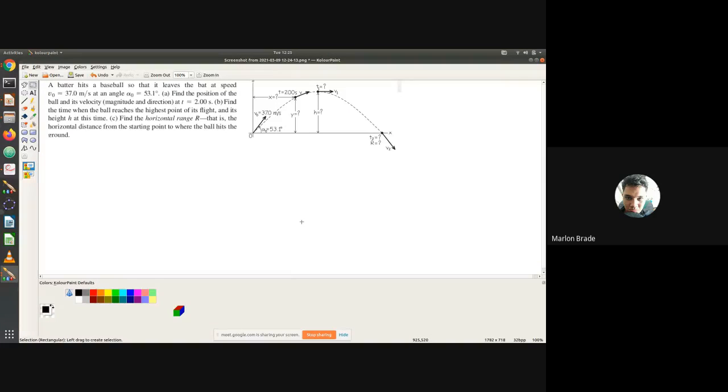Okay, so the first example: a batter hits a baseball so that it leaves the bat at a speed of v naught equals 37.0 meters per second at an angle of 53.1 degrees.